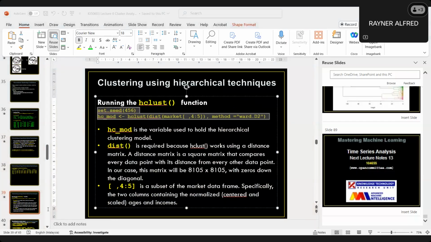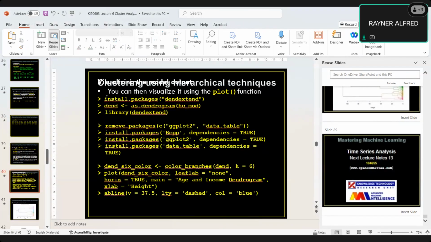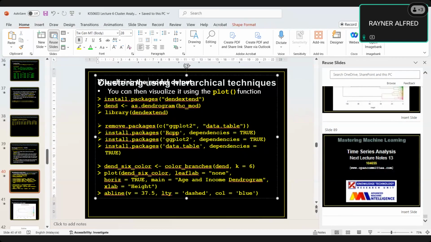It takes some time. So this is the hierarchical clustering model. I will plot that, but first I need to install.